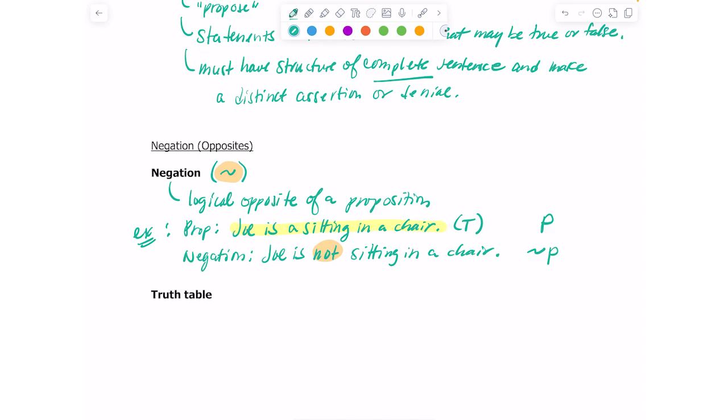One of the things that we can do with propositions is we can create what's called a truth table. And it's just a table with a row for each possible set of truth values for the propositions being considered.